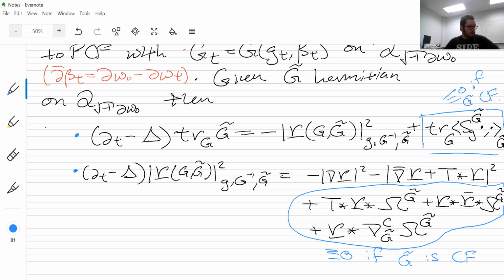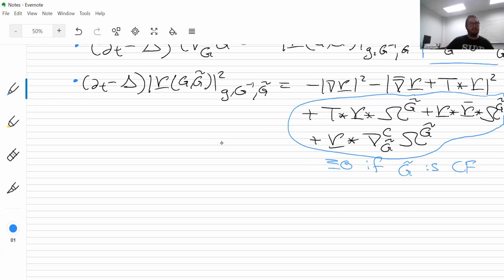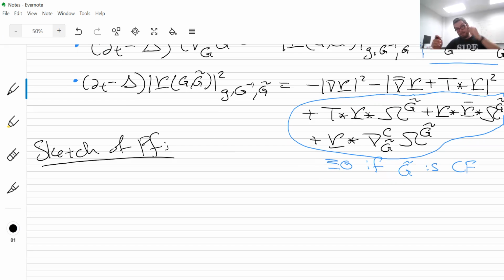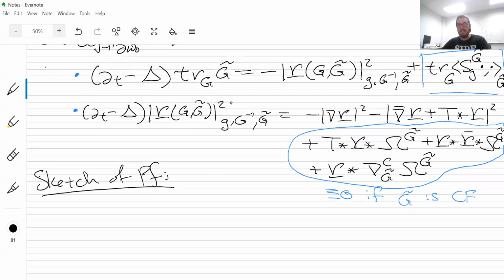Yes. And then as for the proof of these, I'll just give a quick sketch of the proof. For this trace one, it's really just the Cauchy-Schwarz inequality, right?